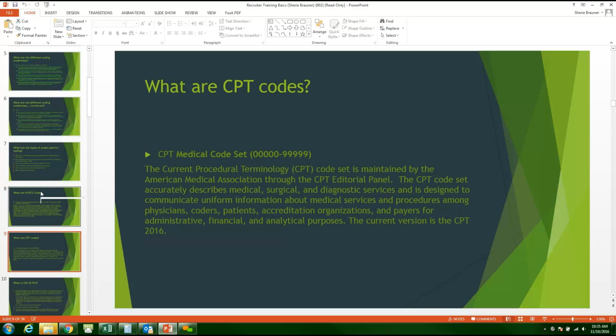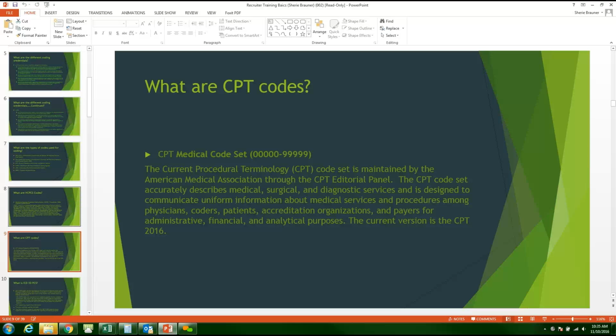Slide number 9. What are CPT codes? CPT code sets are 00000 through 99999. The Current Procedural Terminology, CPT, code set is maintained by the American Medical Association through the CPT Editorial Panel.